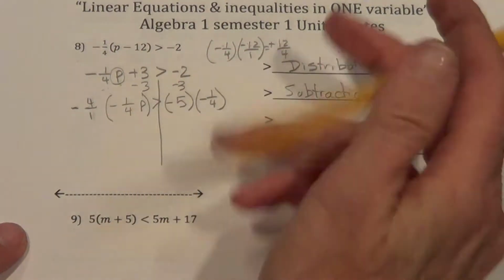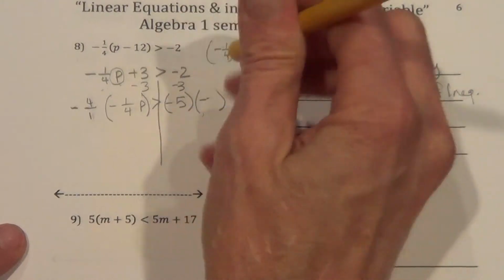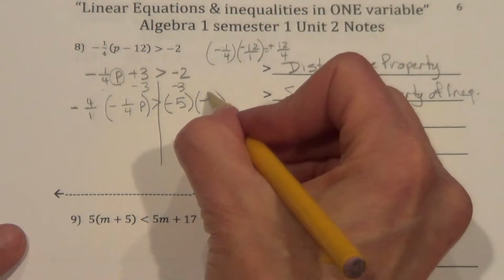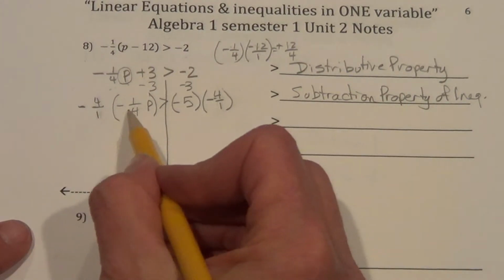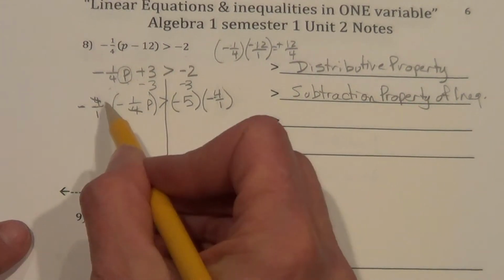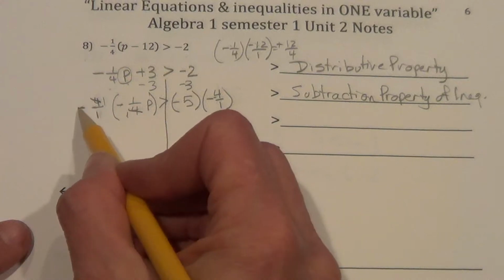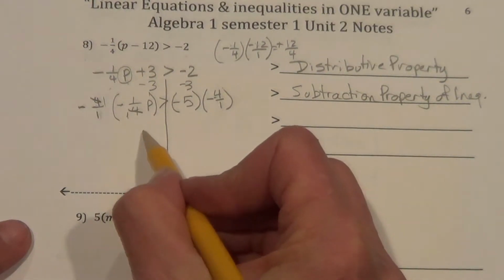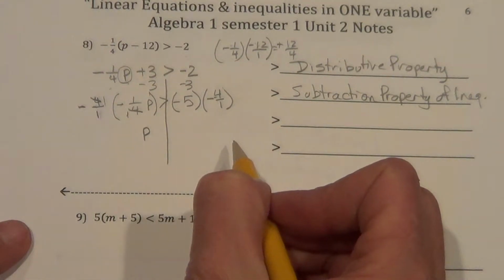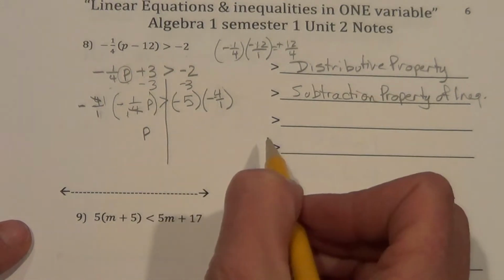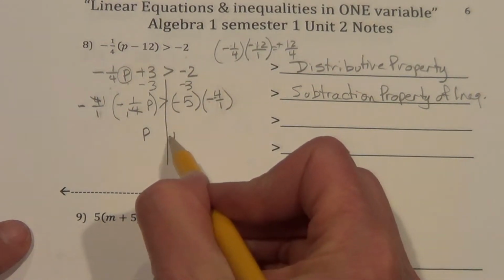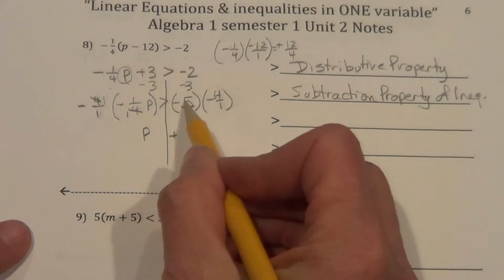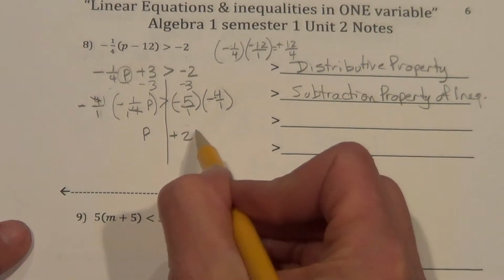That way it can reduce. What you do to one side, you have to do to the other, so we have to switch this to negative 4 over 1. So this reduces, 4 goes in there once, 4 goes in there once. A negative times a negative is positive, so it becomes just simply p, or 1p. Negative times a negative is positive, and that's 5 over 1. 5 times 4 is 20.